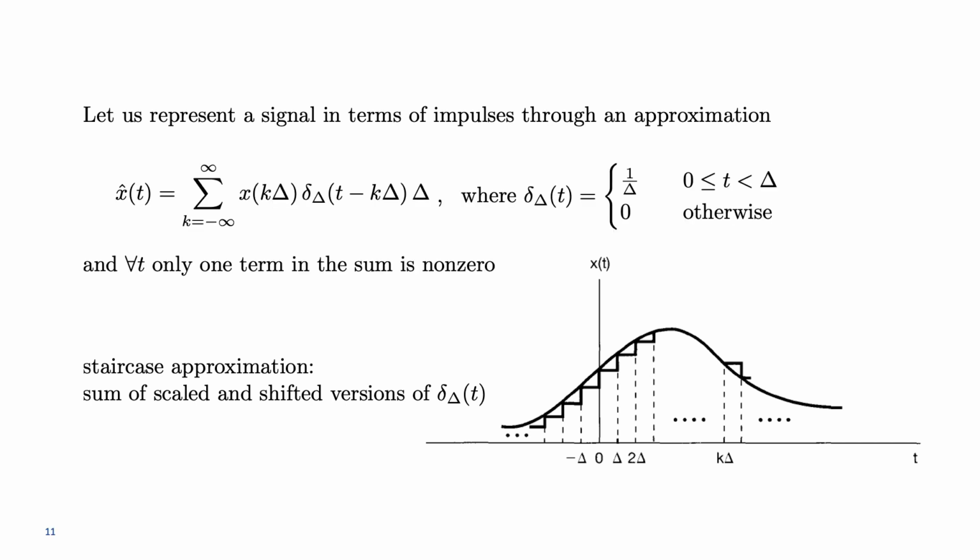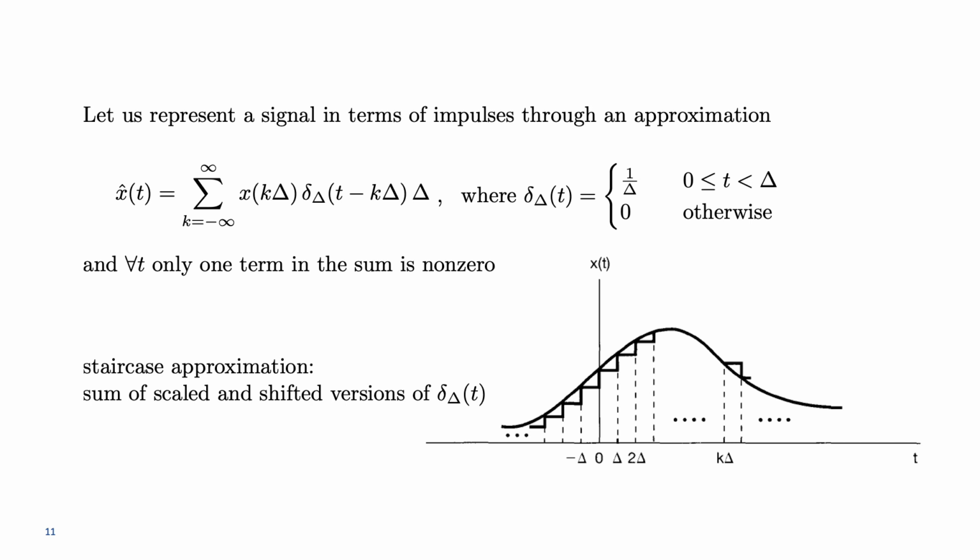We can see the same thing in mathematical formulas. So let's look at the formula at the top of this slide. X hat of t, which denotes the approximation of x of t, the hat denotes an approximation, can be expressed as a sum. A sum of what? Well, a sum, as we said, of impulses.